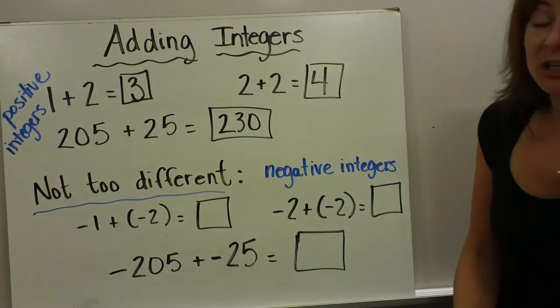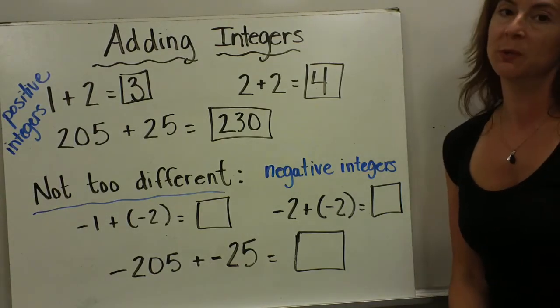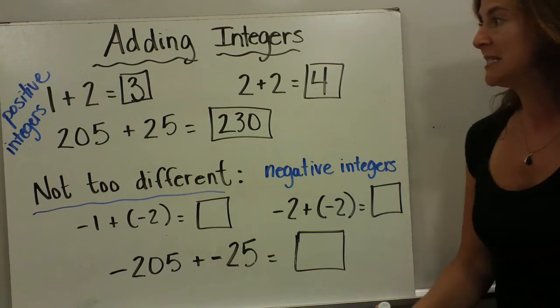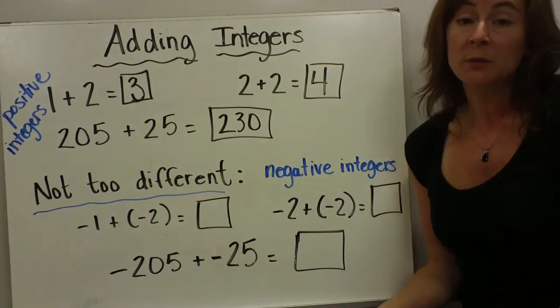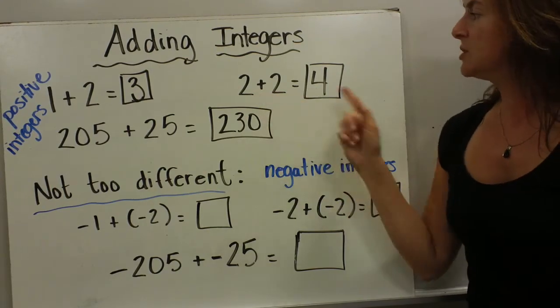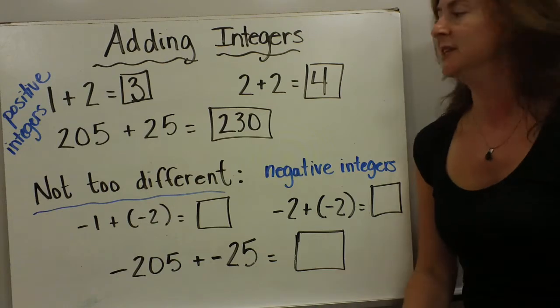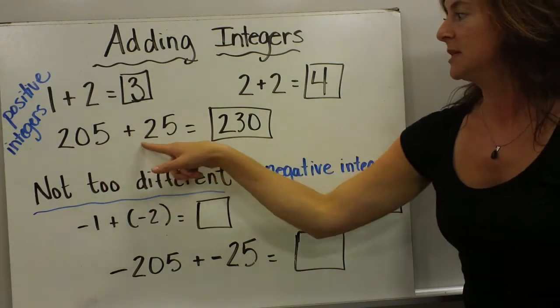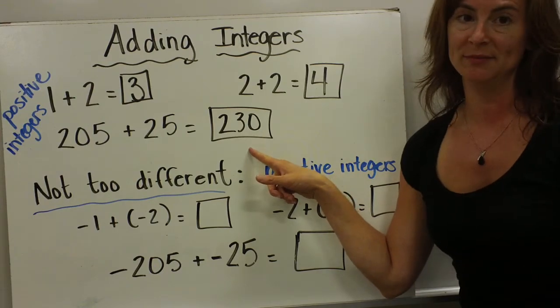When we specifically look at adding integers, way back in elementary school, you learned how to add positive integers. Here are some simple examples. 1 + 2 = 3. 2 + 2 = 4. As you got older, you added some bigger positive integers. 205 + 25 = 230. Pretty straightforward.